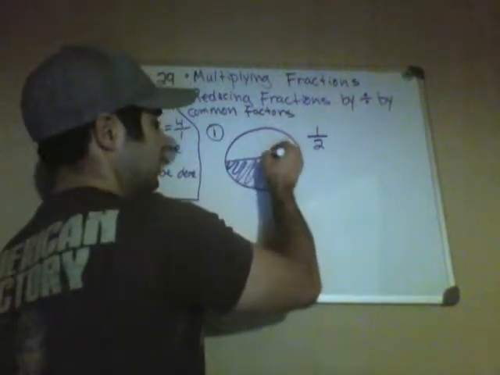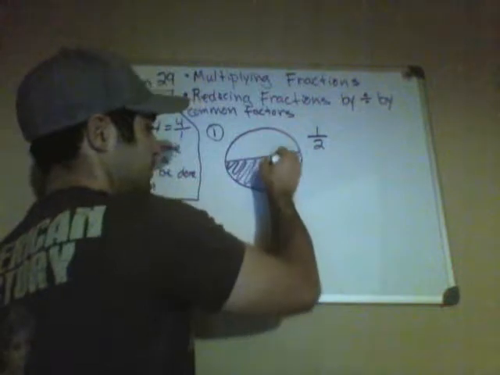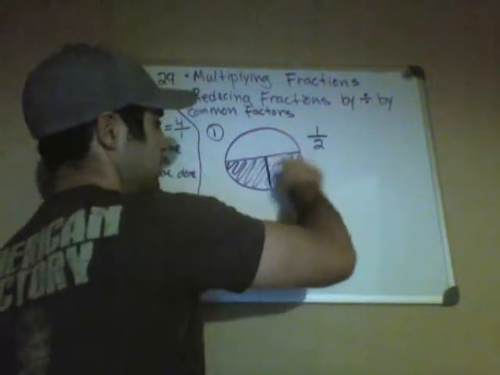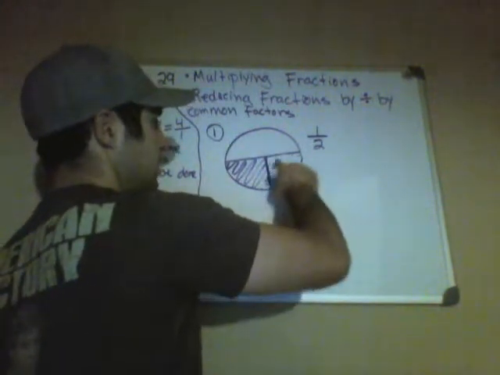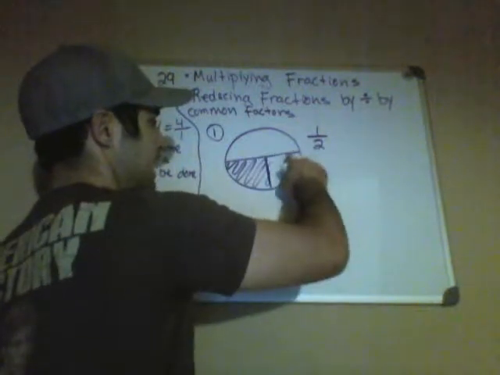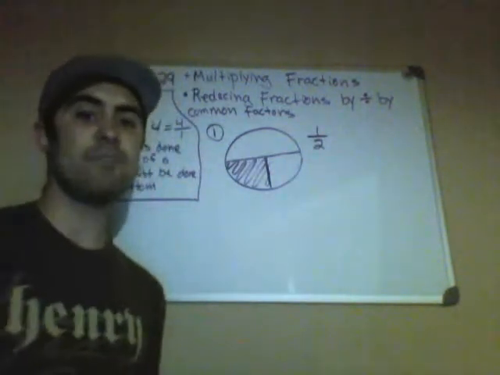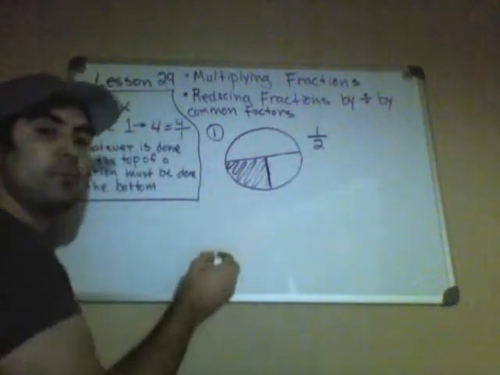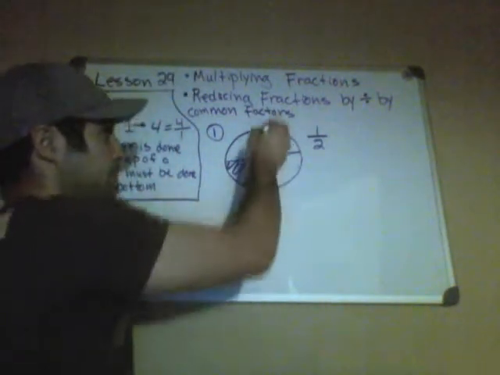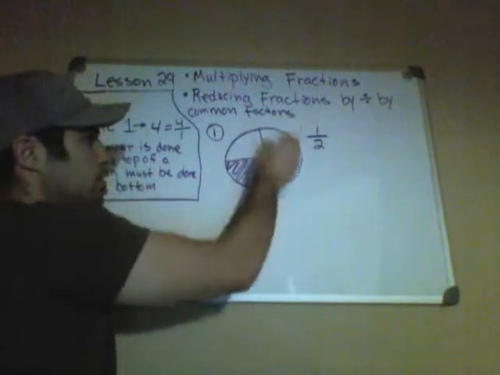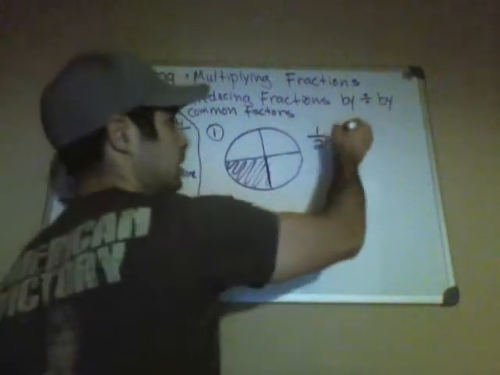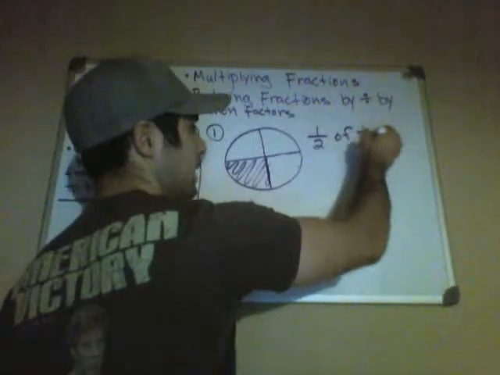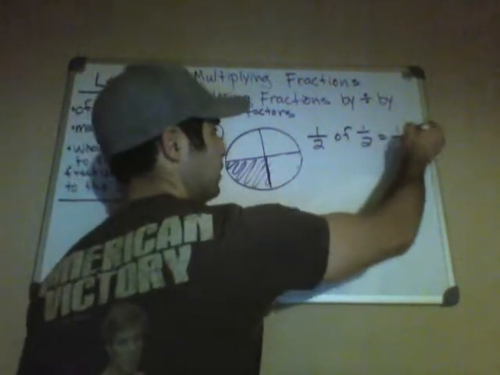That would look like a line right down the center, right? So your friend would get half of the half, and you would get half of the half. So what is half of a pizza? That would be 1/4, right? 1, 2, 3, 4. Half of 1/2 is 1/4.